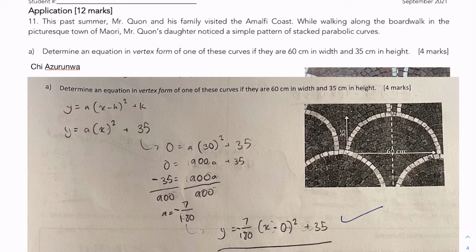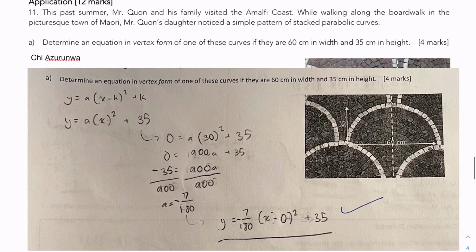We're looking at this application question, courtesy of Chi. What's the information that's given here? So Mr. Kwan and his family visited the Amalfi Coast. While walking along the boardwalk in the picturesque town of Maiori, his daughter noticed a pattern of stacked parabolic curves, as you have in this picture over here.